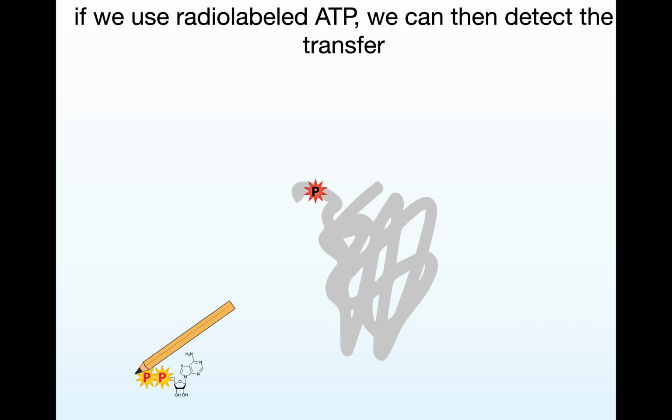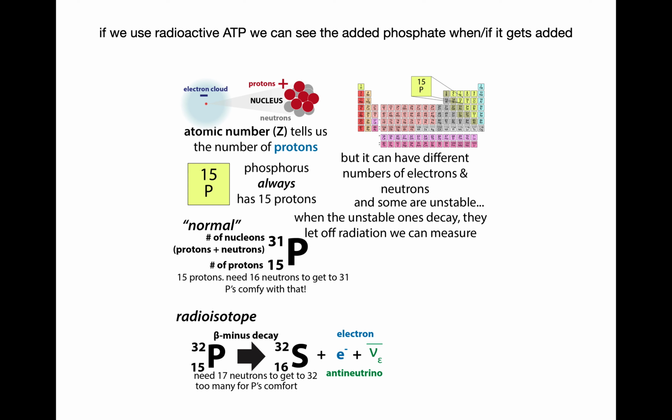But basically, atoms, so individual phosphorus, oxygens, carbons, hydrogens, all of those, are made up of smaller parts called subatomic particles: protons and neutrons and electrons.